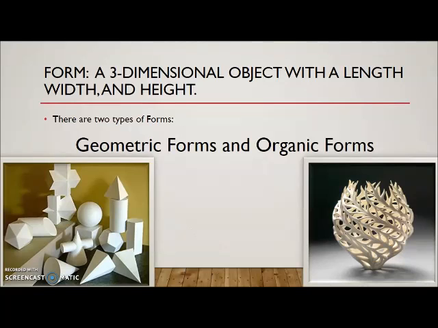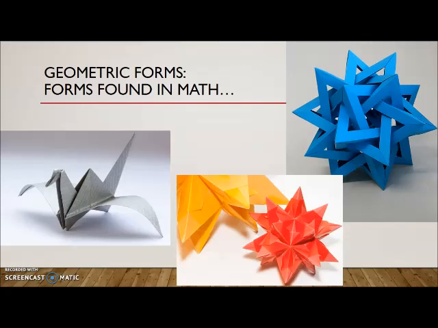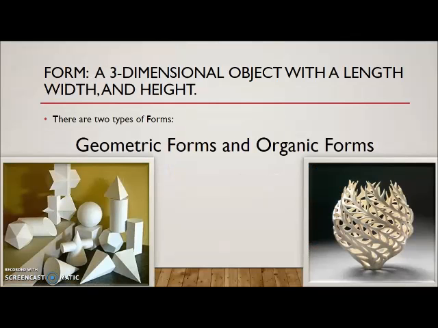Form is a three-dimensional object with a length, width, and a height. There are two types of forms very similar to shape and line: geometric forms and organic forms. Geometric forms include forms found in math. Let me flip back to the previous slide.